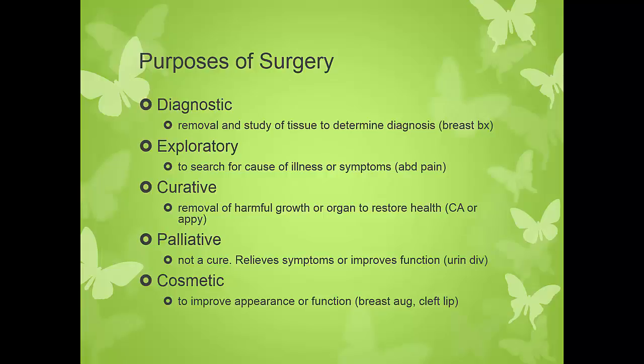So we might go in and just divert the urine away from the bladder by using a different type of technique so we can palliate their pain. There's a couple of different ways that works. That's just one example. I'm sure you can think of an example or two as well of different palliative procedures.